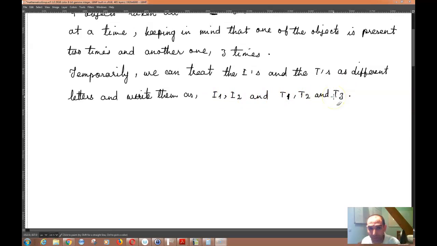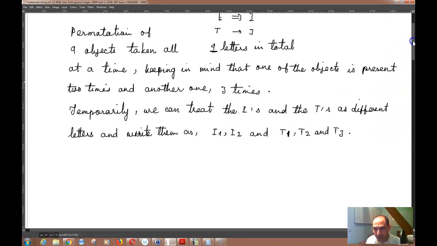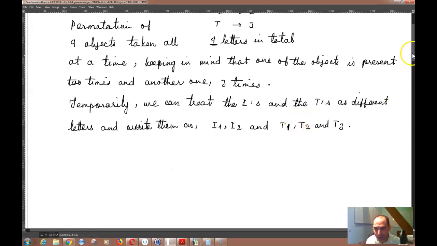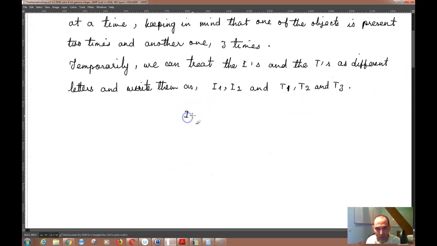If that's the case, then the word is institute, and if I treat these I's and these T's as different letters, then you have 9 different letters in this word.